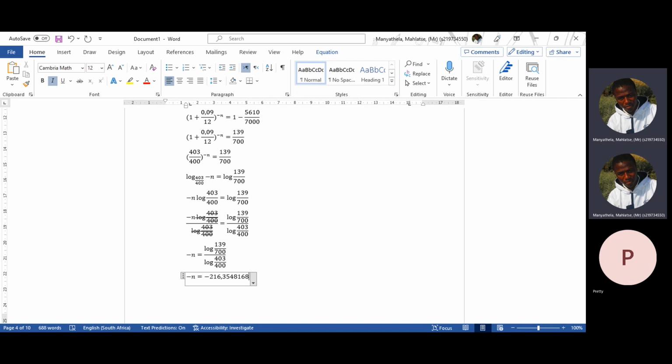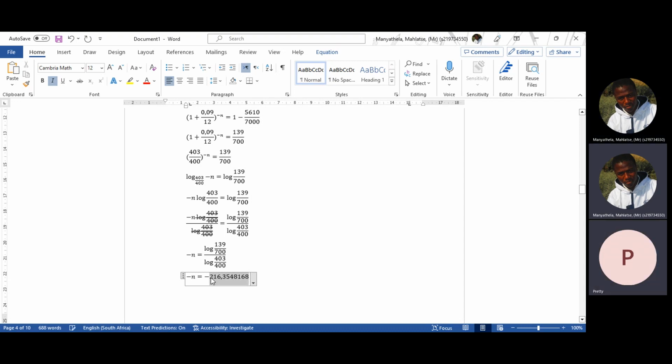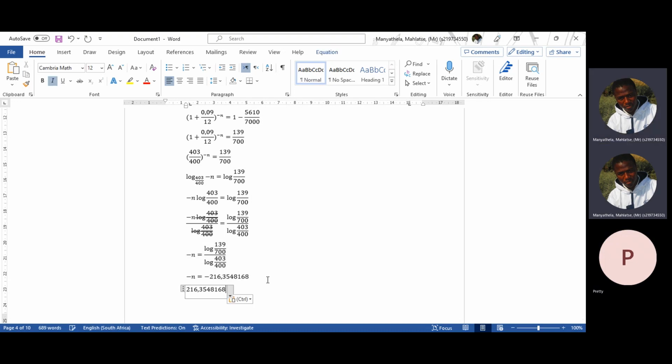So because it's negative and negative, and we're calculating for the value of n, we're going to divide both sides by negative. The value of n will be equal to, we're just dropping the negative because we are dividing by negative, but we are calculating for the number of years.